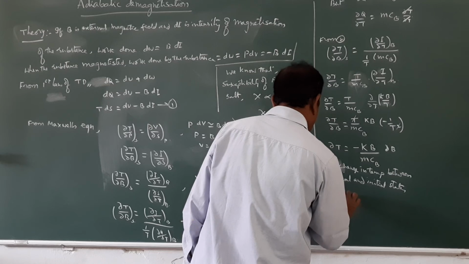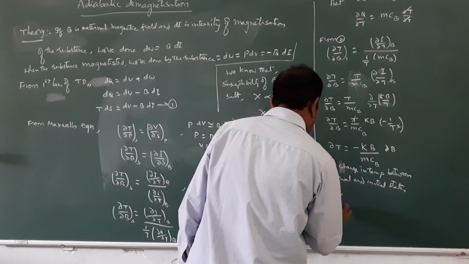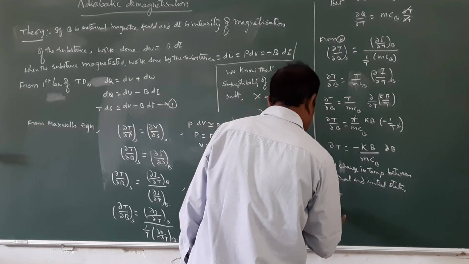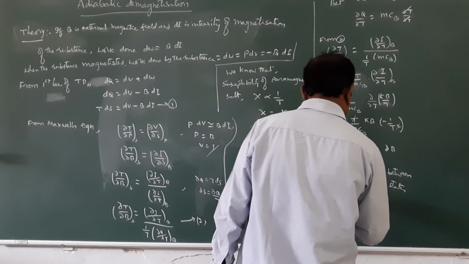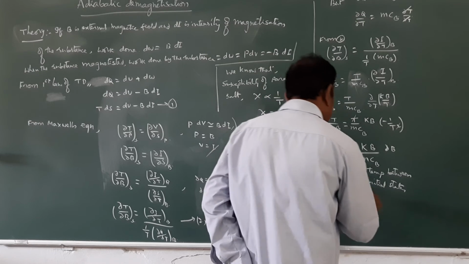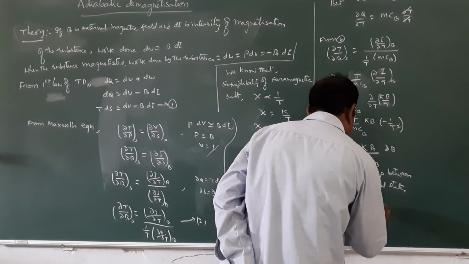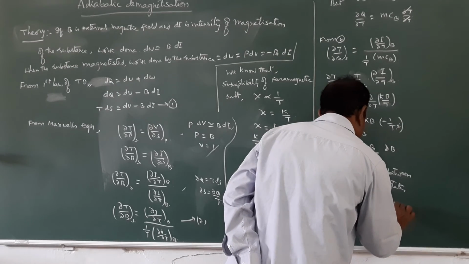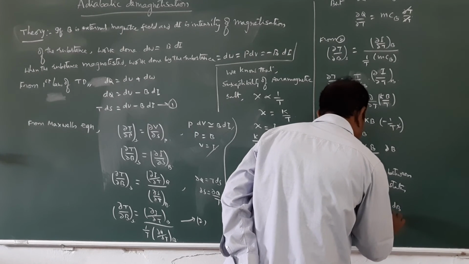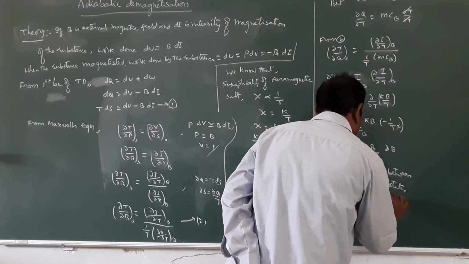Therefore, integral ∂T from T initial to T final is equal to minus K by mCb integral B dB, from initial to final.